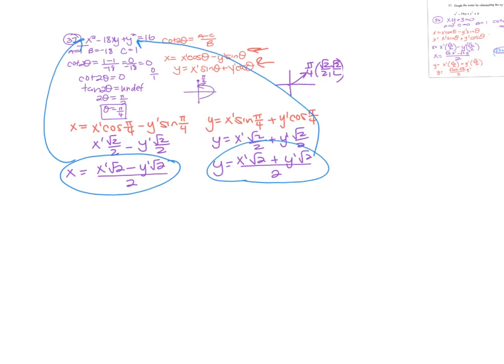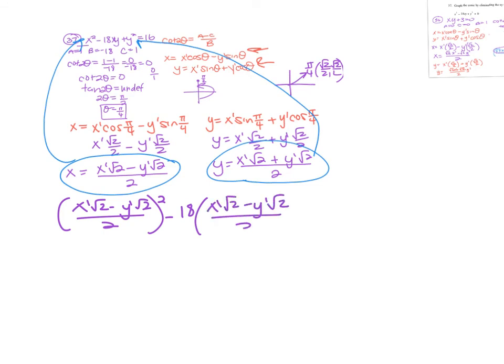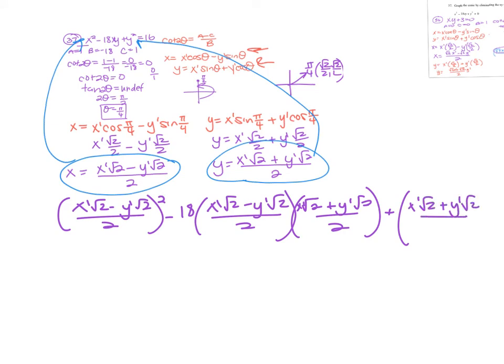So x squared is x prime root 2 minus y prime root 2 over 2 squared, minus 18 times x times y, plus y squared equals 16.